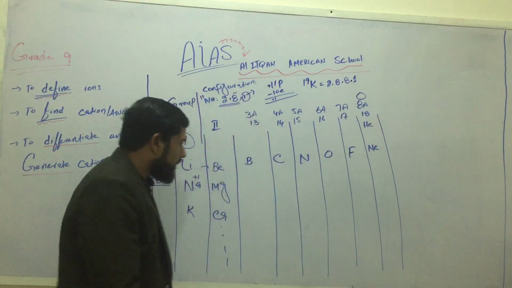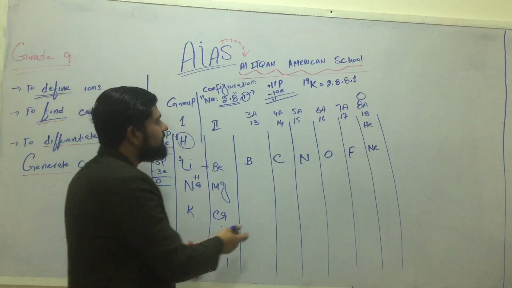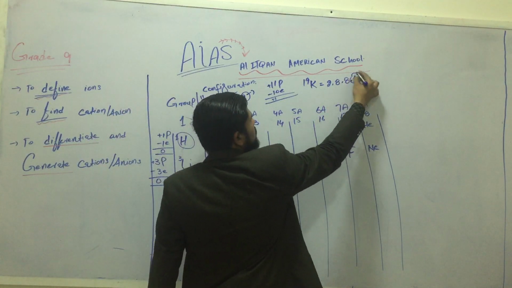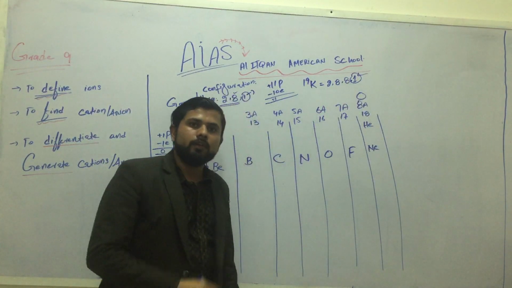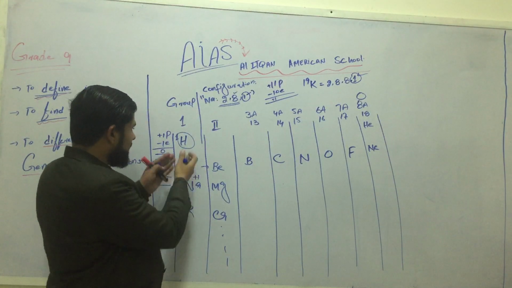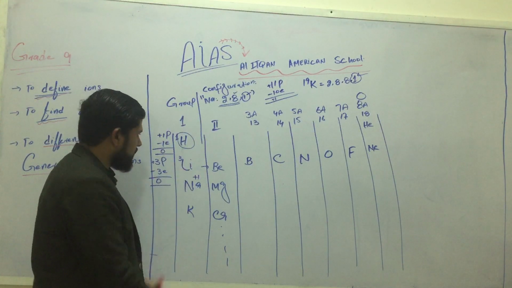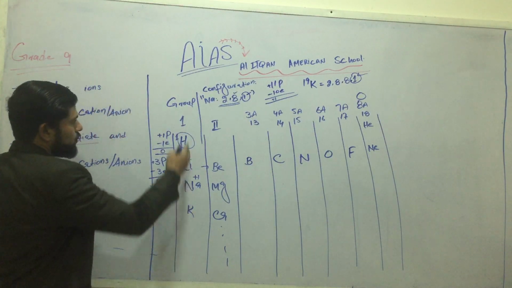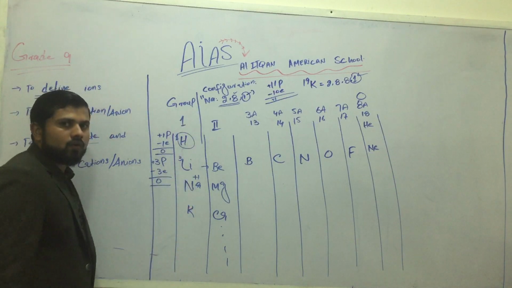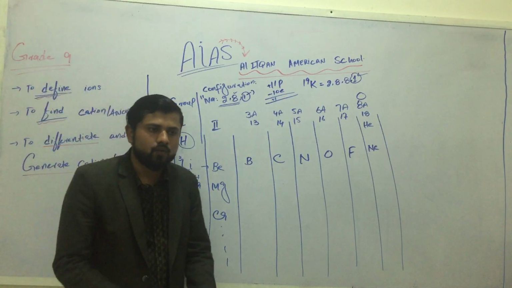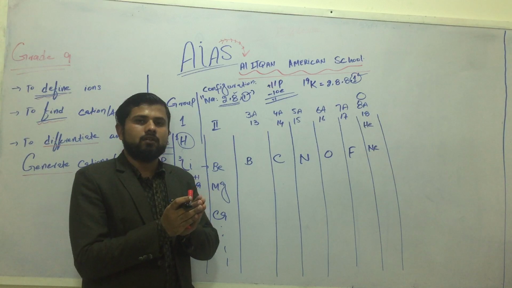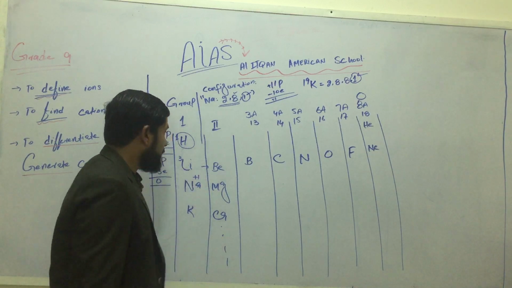See, I told you. So in first group, all elements will be having one electron in outermost shell. This is why they will be losing one electron, and that's why they will be getting plus one charged. Okay. So this is all about ions, and they are called cations. Cations, all positive ions, they are called cations. Okay, please keep in mind.